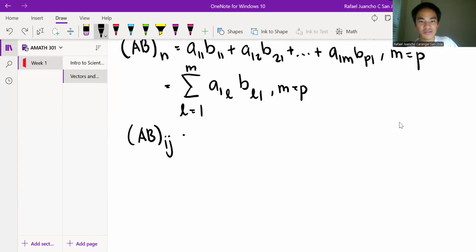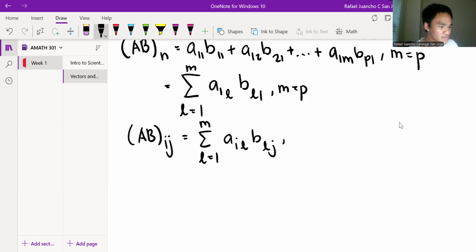And actually, it's kind of simple. Once you already have the summation, we can just use that, because we can't write all of that out, obviously. We're going to reach M. L starts at 1, and here we have A_IL, B_LJ. That's it.